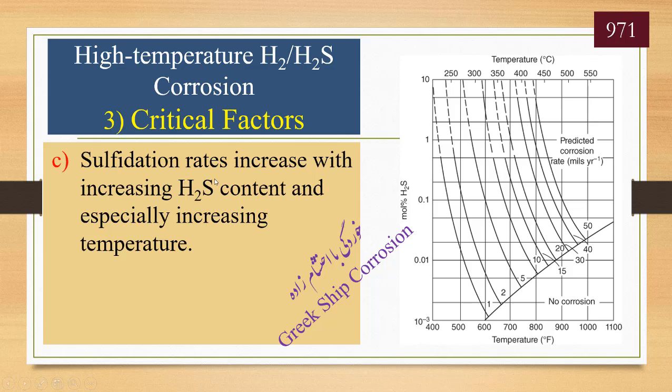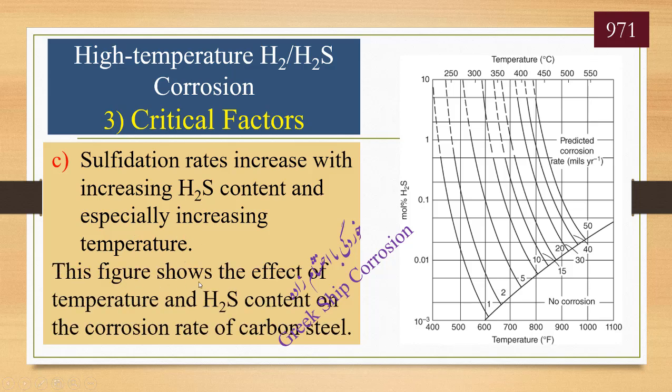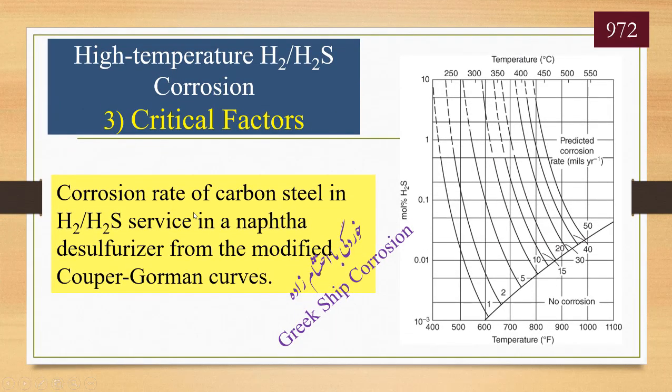C. Sulfidation rates increase with increasing H2S content and especially increasing temperature. This figure shows the effect of temperature and H2S content on the corrosion rate of carbon steel in H2S service in a naphtha desulfurizer, from the modified Couper-Gorman curves.